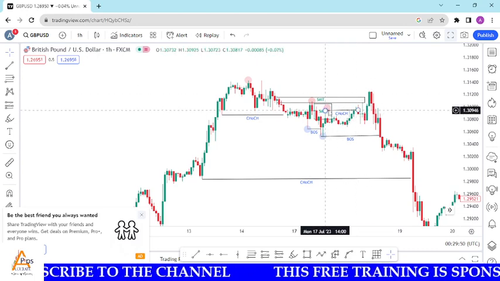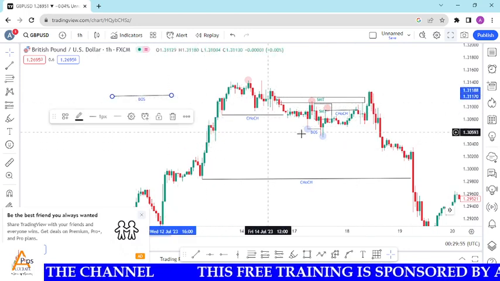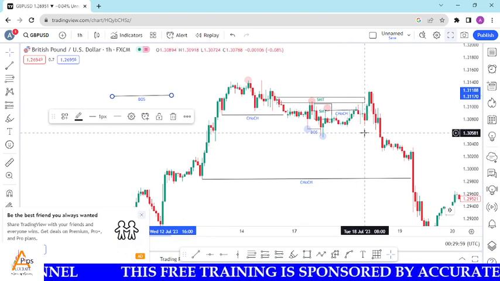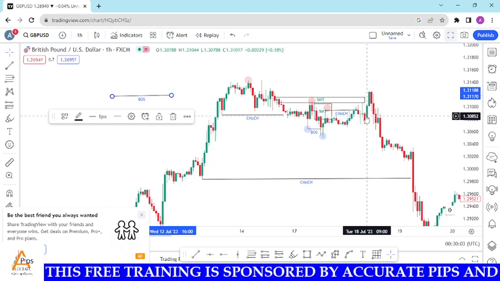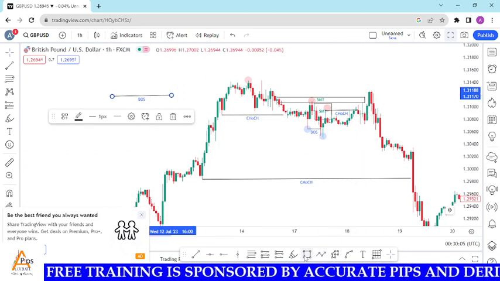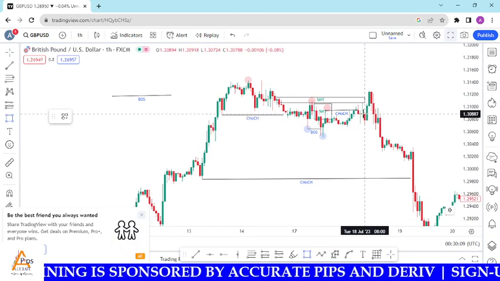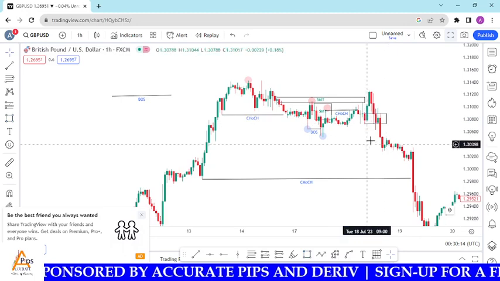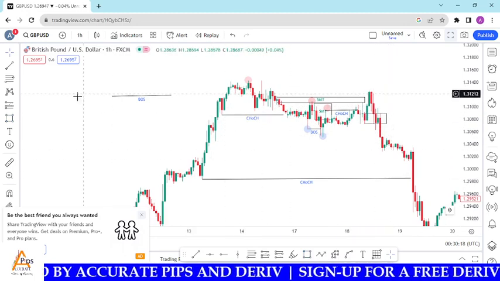Now because they consider this as a change of character, okay, they are going to be considering this area as their demand. Okay, they'll begin to look at this, the last selling candle before they push up, so they'll be looking to buy when price returns here. Now how do you see price returns here, react, and then we broke through?